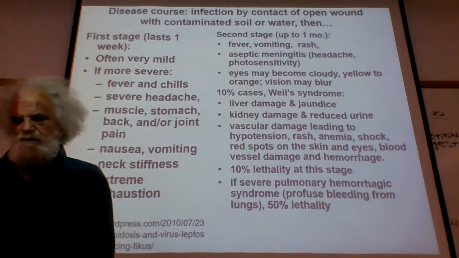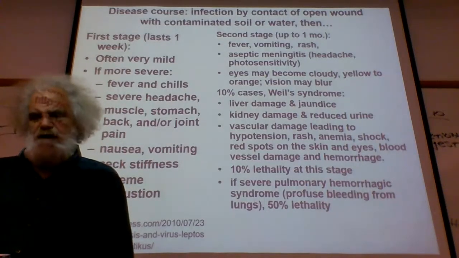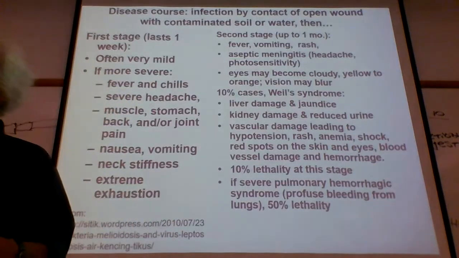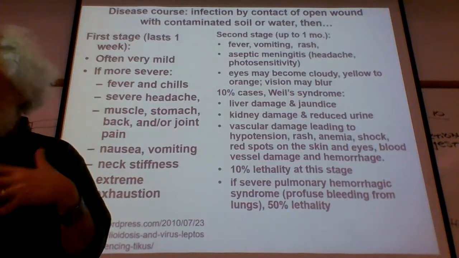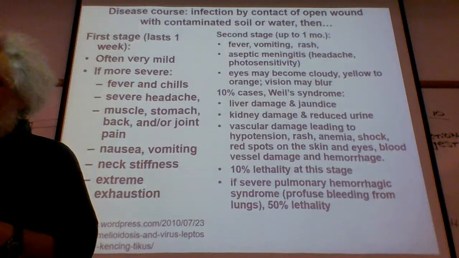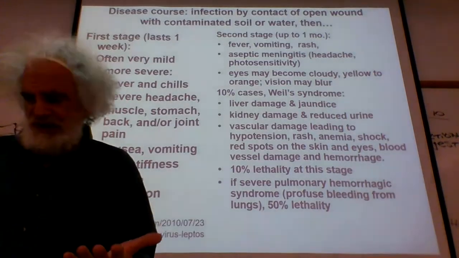So with this bacterium, we've got a set of phenomena that occur in leptospirosis. So you have infection by contact of an open wound with contaminated soil or water, and it progresses in stages, not surprisingly.